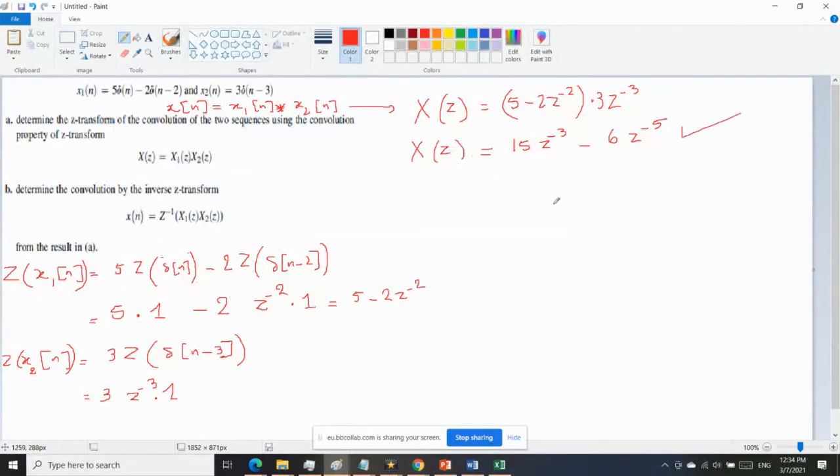Good. Now the second question says determine the convolution by the inverse z transform. So we use the inverse to find what is the convolution of these two signals.